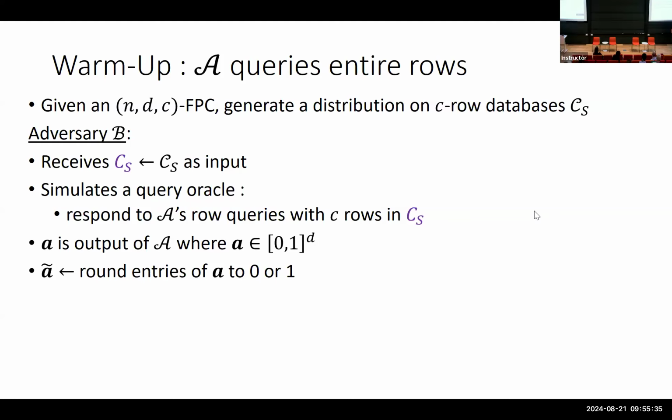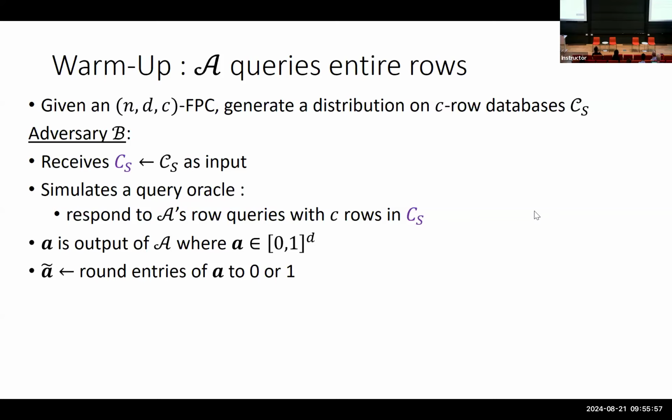Given a fingerprinting code, we now generate a distribution on C-row databases using the fingerprinting code, and B receives a sample, so B receives a C-row database as input. This part is very hand-wavy, but say B can simulate a query oracle.